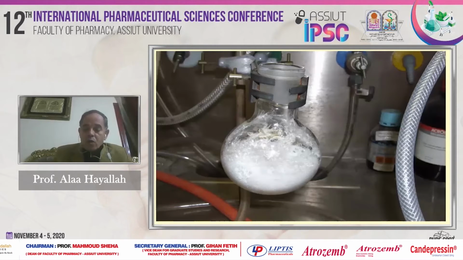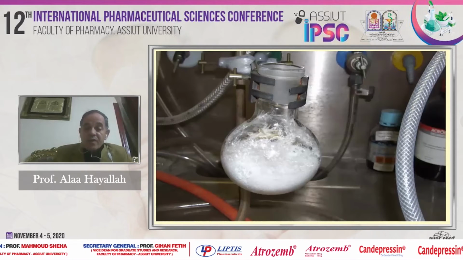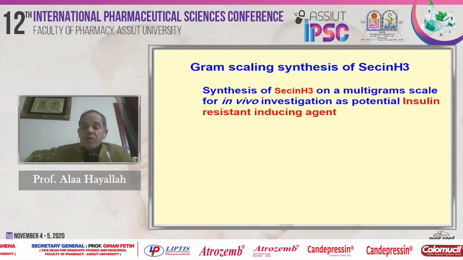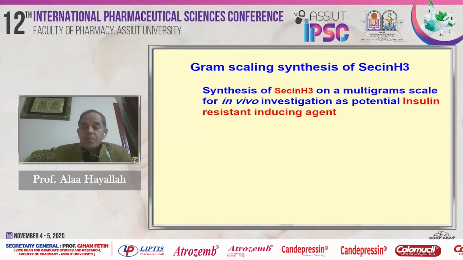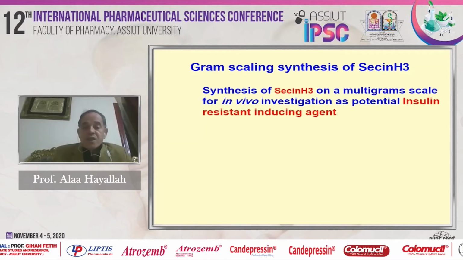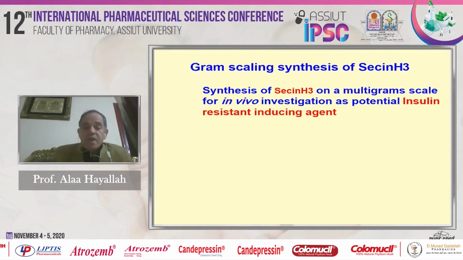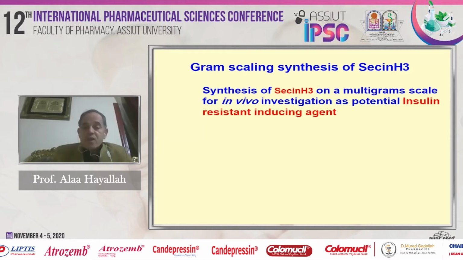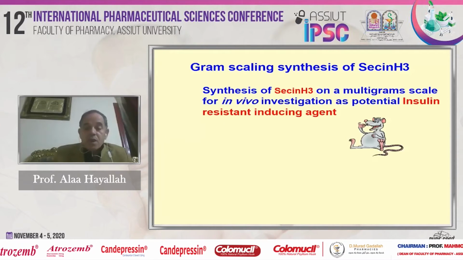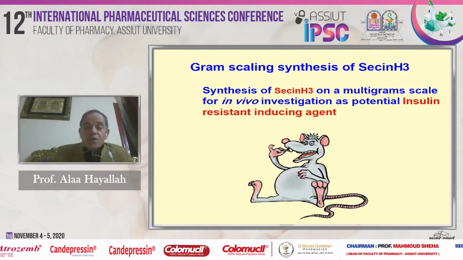We are not going now to the details of the chemistry obstacles we faced in these compounds. After that, we faced another problem: gram scaling synthesis of CSNH3 and its derivatives, because we needed it for in vivo investigation as potential insulin resistance inducing agents, and the mice enjoyed it.